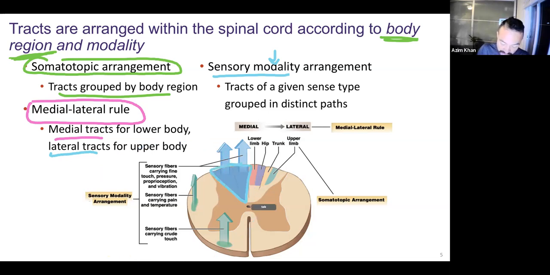In one region, this posterior white column of the spinal cord is carrying stuff for touch, pressure, proprioception, vibration, while in this small lateral portion, it's carrying pain and temperature, while in this small anterior portion, this is the anterior side, it's carrying information about crude touch. So different tracts of the spinal cord are carrying different senses, different modalities.